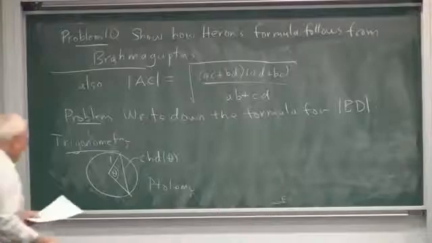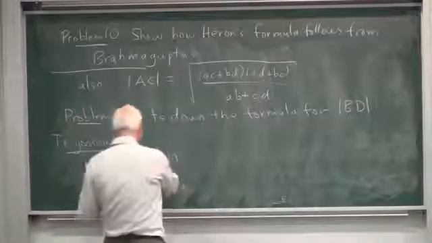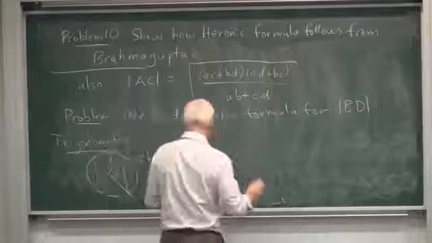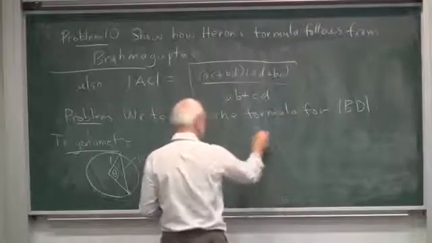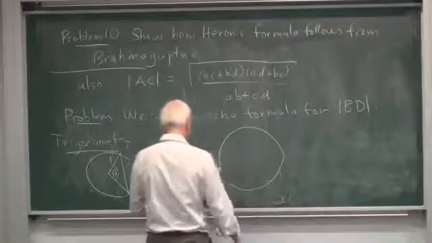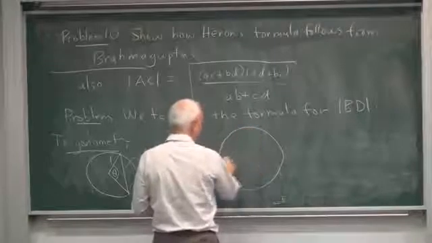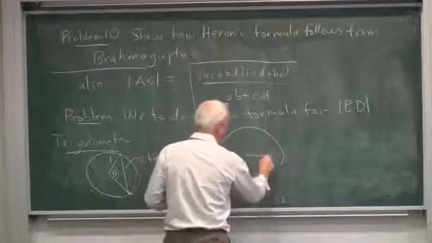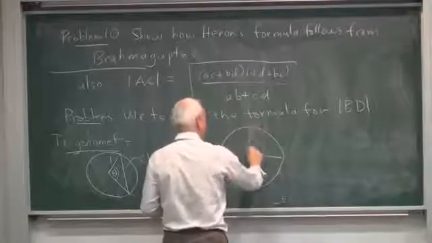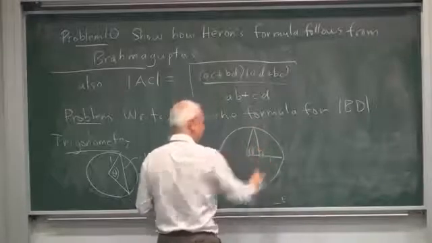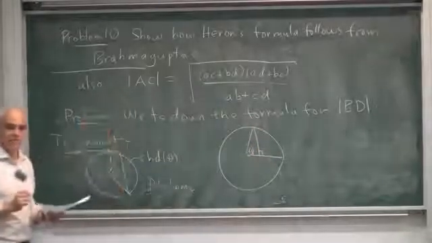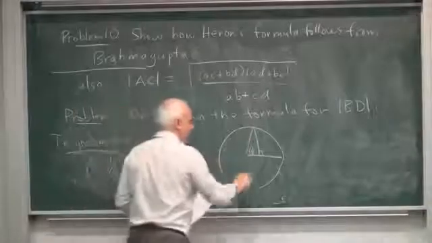Now, the ancient Greeks did this. The Hindu mathematicians changed the emphasis, and they changed it to considering what we now call the sine of the angle. So still a circle of radius 1, let's say.